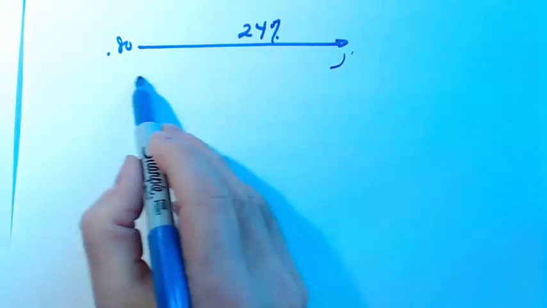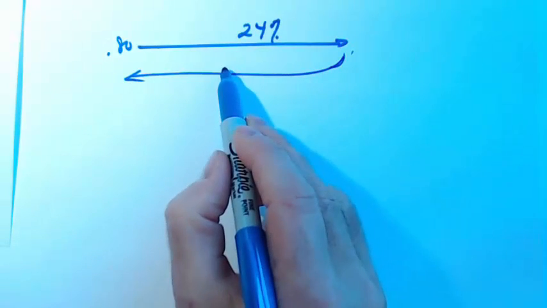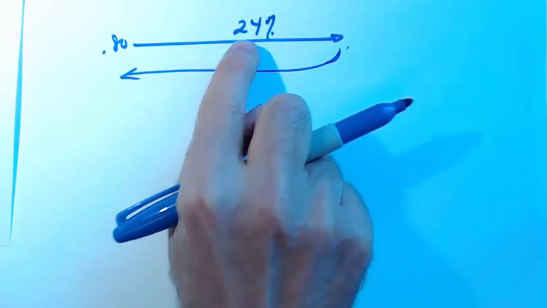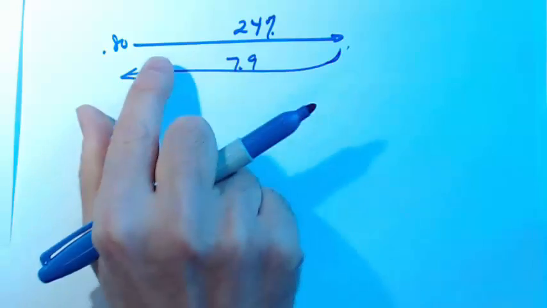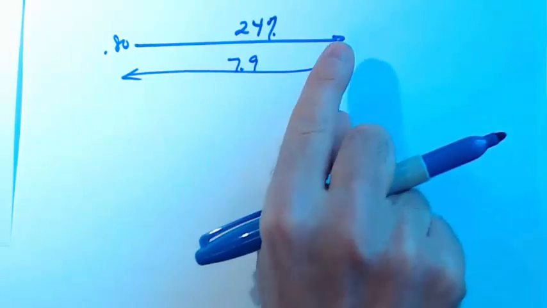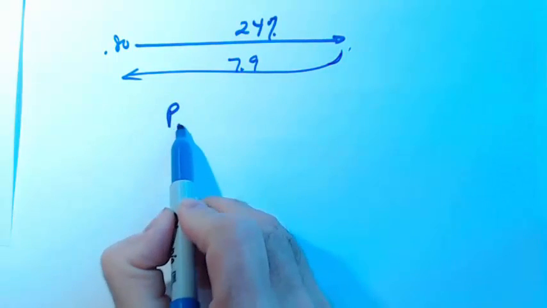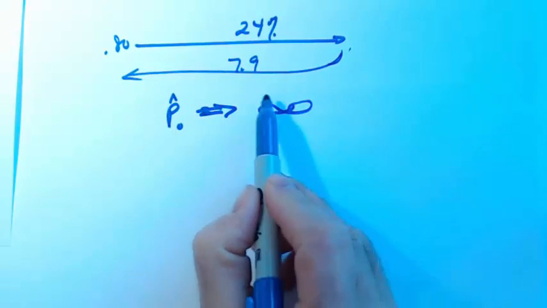When you discount things back to get a present value, you're discounting it back at just under 8%, 7.9%. So it's growing at 24 and shrinking at 8. The net growth in this cash flow is 16%, growing at 16% forever, which means the estimate of the stock price is really positive infinity.